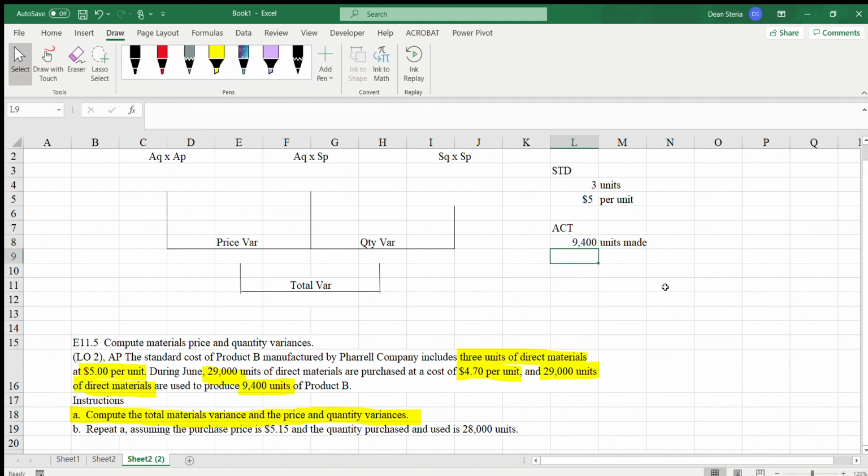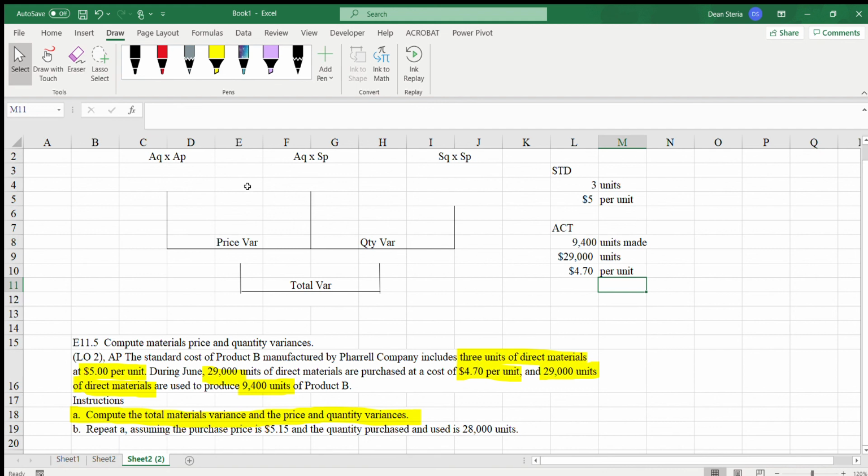What else did they tell me here? So we actually used 29,000. So we bought 29,000, and we also used the same 29,000. And then we actually paid $4.70 per unit.